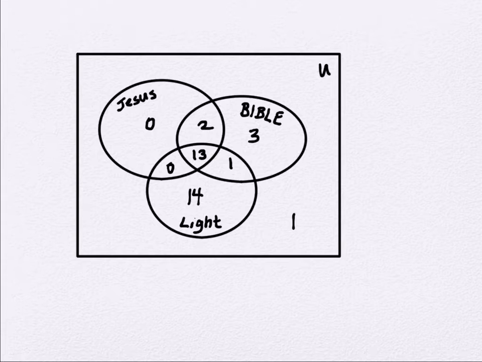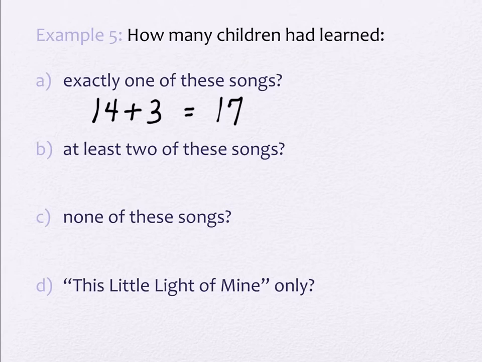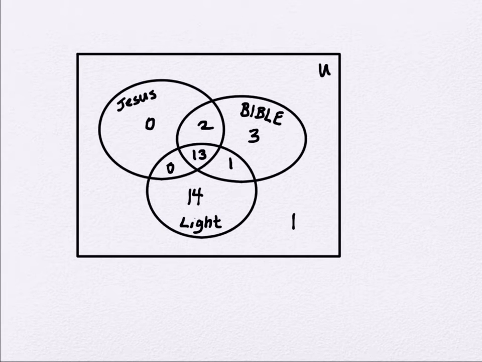How about at least 2 songs? So that's different. This says exactly, this says at least. What does at least mean? 2 or more, which means I get the category in the middle too, right? So the 2 or more gives me the 2, the 13, and the 1.